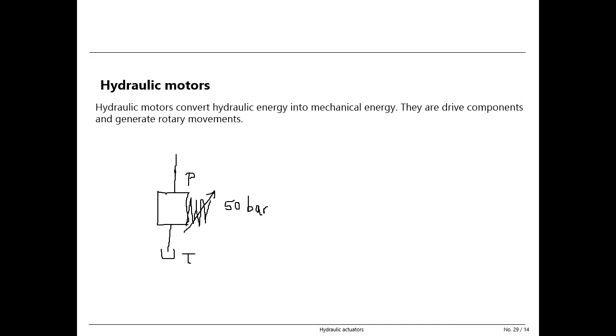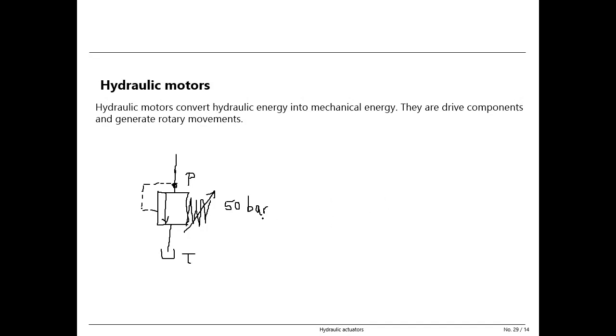And the arrow shows in that direction. That means, and here we have a control line from the entrance of the valve to the inlet part of the valve. So this is the pump side.